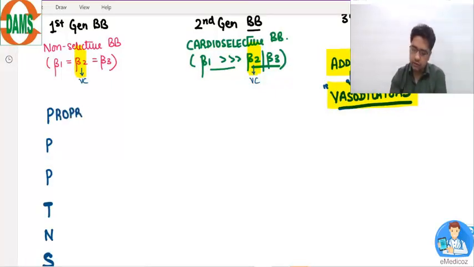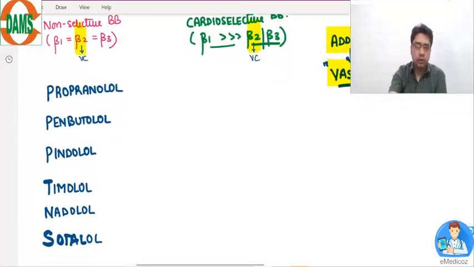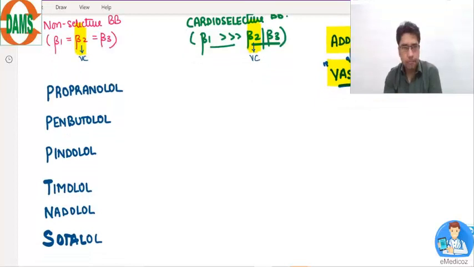The first beta blocker we made was propranolol, penbutolol, pindolol, timolol, nadolol, and sotalol. Here you will write a mnemonic.